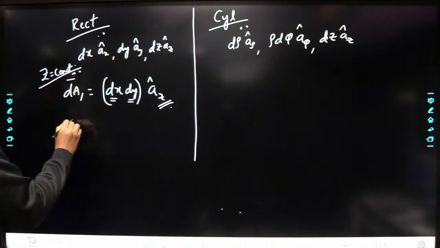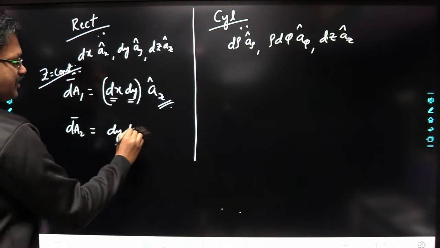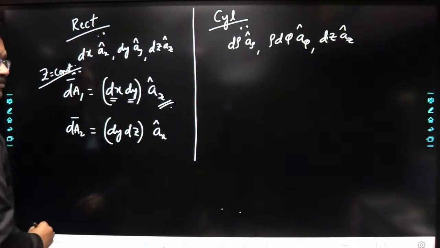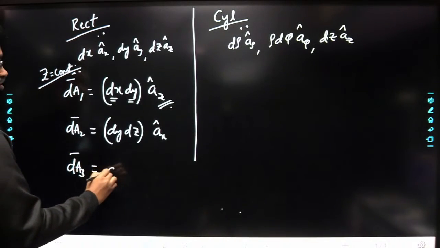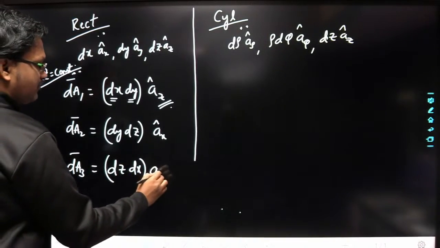Next, another differential area is dy dz, and its direction is along the ax cap direction. Another differential area dA3 is equal to dz dx into ay cap.